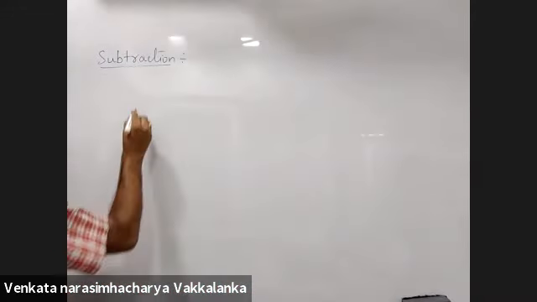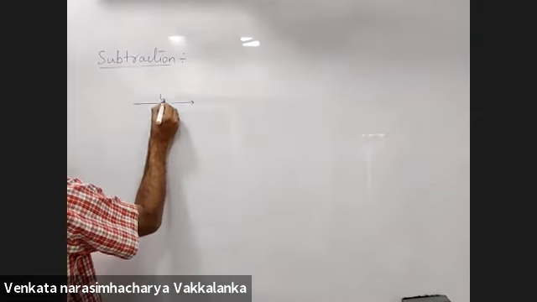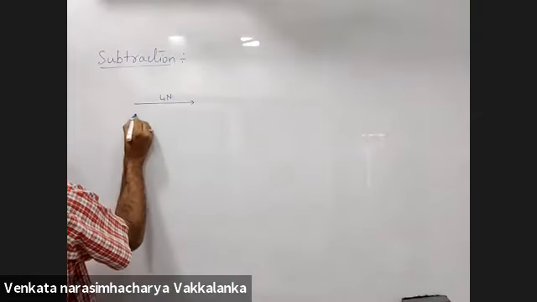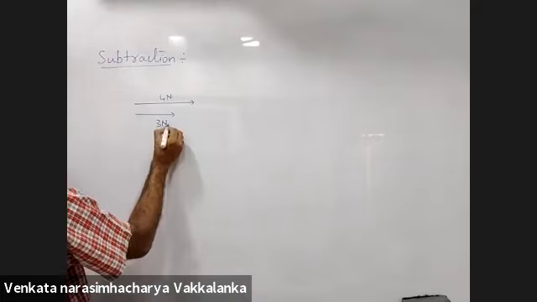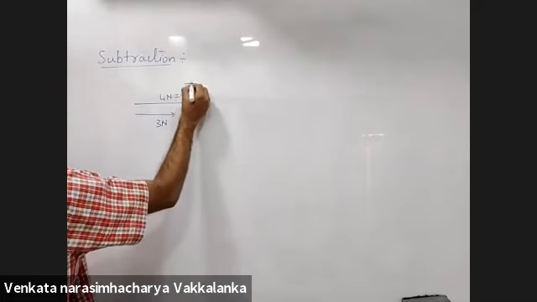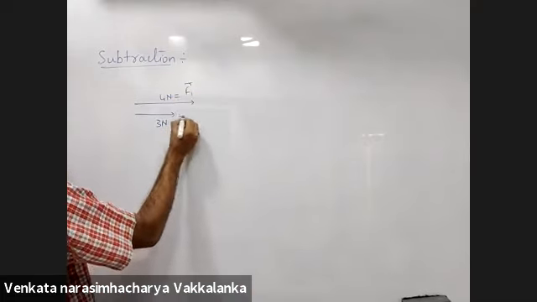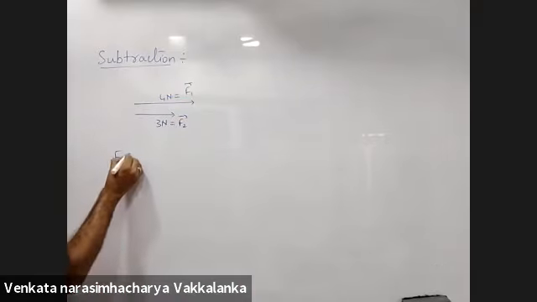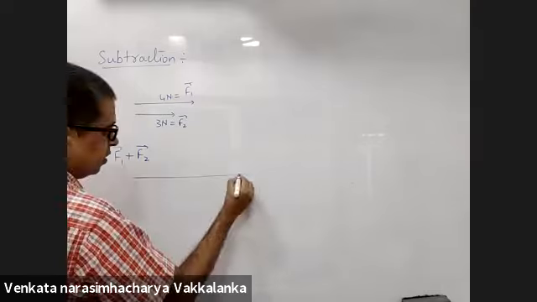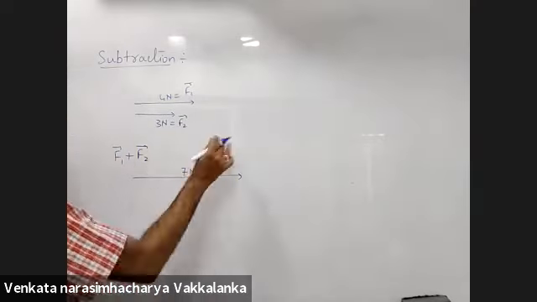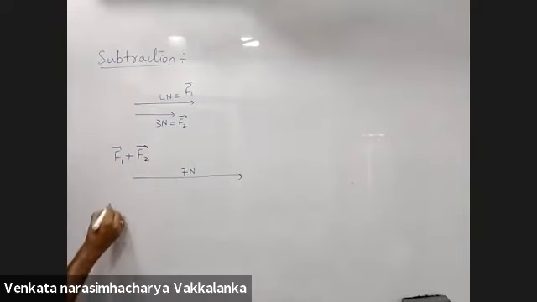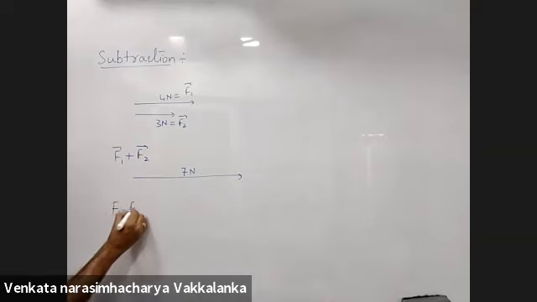parallel vectors. Suppose I tell you this is 4 Newton and this is 3 Newton. Call this F1, call this F2. F1 plus F2, what would you do? It would be 7 Newton of a force in the same direction. What will F1 minus F2 be?